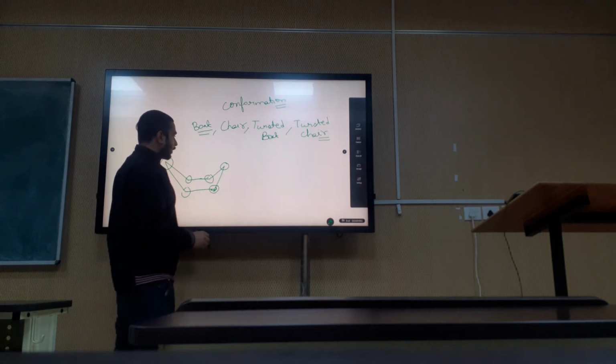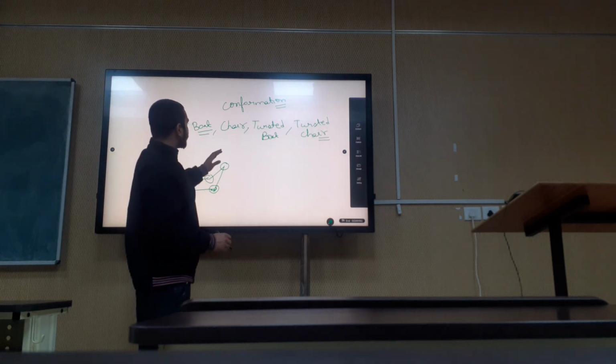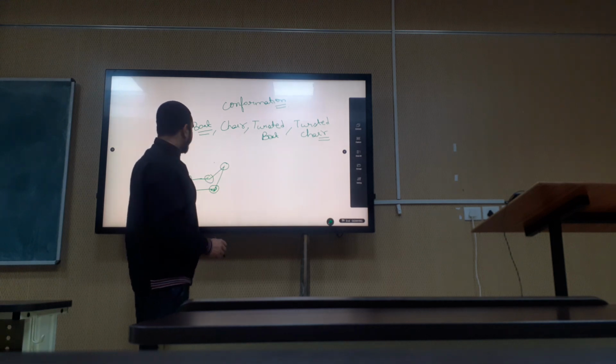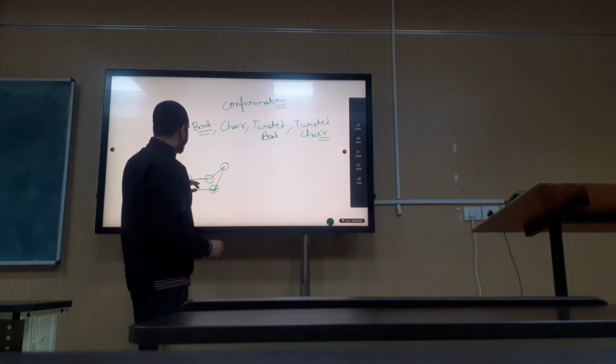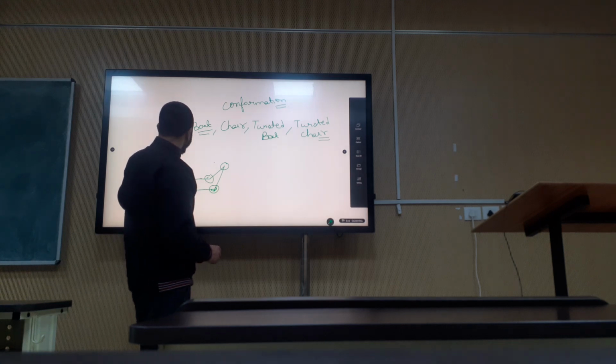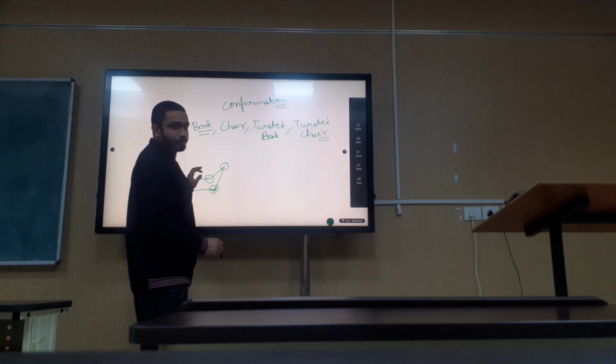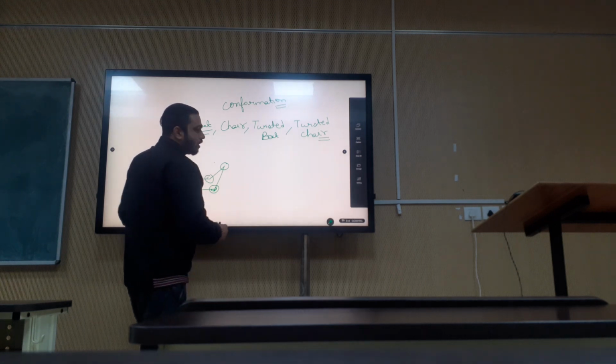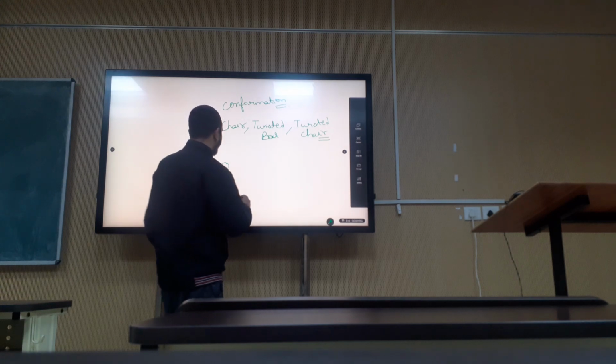If a particular molecule is large, the conformations are defined, and in those conformations the compound tries to make its bond angle perfect so that it is very stable.